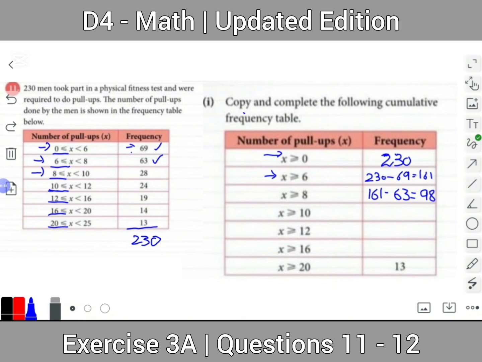For the next class interval, more than 10, we will calculate cumulative frequencies from 10 to 25, in other words, 24 plus 19 plus 14 plus 13. And we will exclude 69, 63 and 28. Since 69 and 63 are already excluded, 98 minus 28 gives us the cumulative frequency of 70.